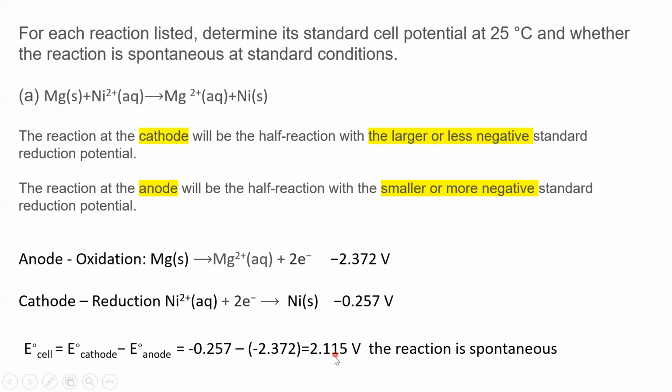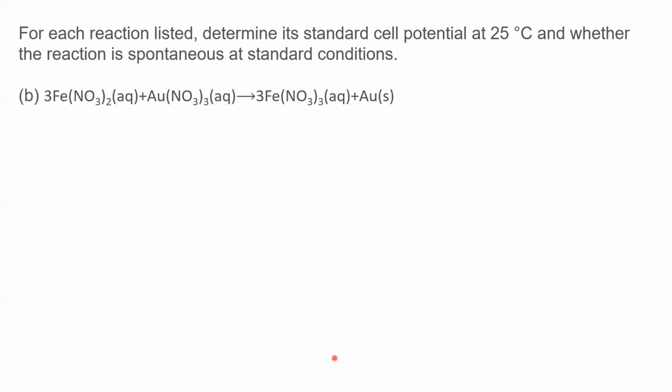As long as the reduction potential difference is a positive value, the reaction is spontaneous. If the value is a negative value, it's non-spontaneous. So let's look at another reaction.